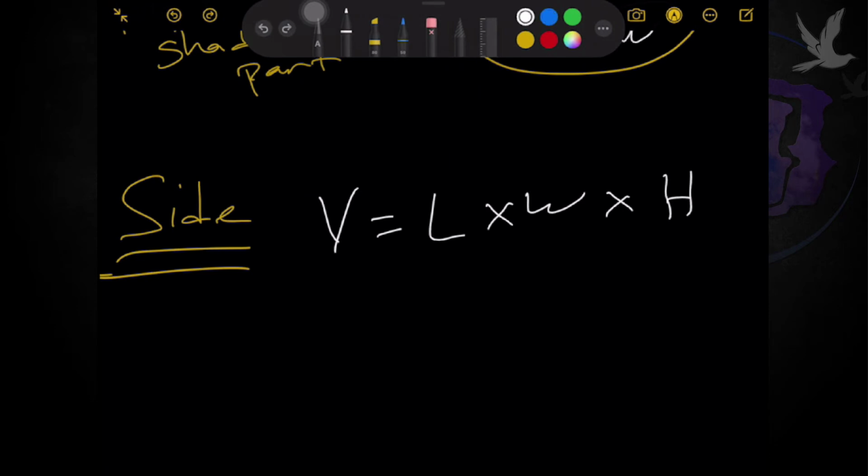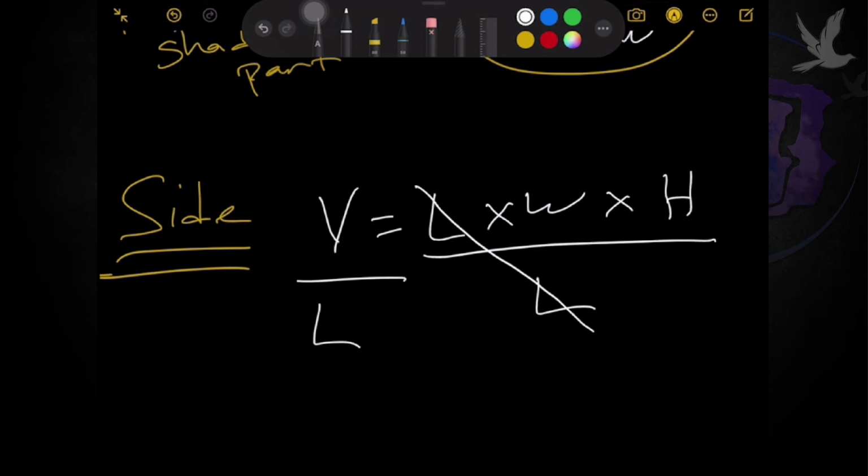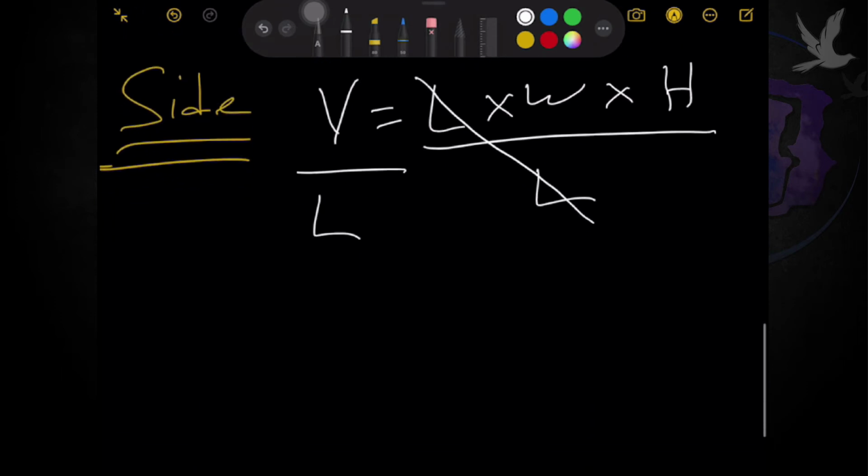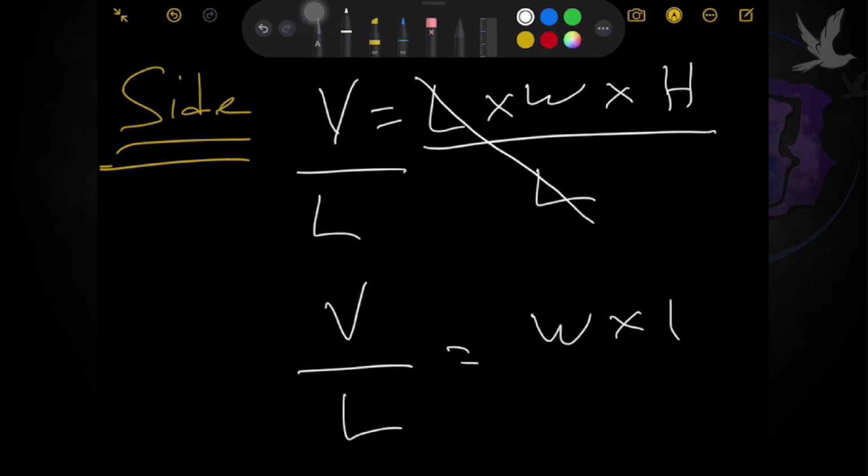Tanggalin natin ngayon by simply dividing L. Cancel yan. What you do in one side, do it on the other side of the equation, which is divided by L as well. So what is left here is volume over length is equivalent to width times H, or height.